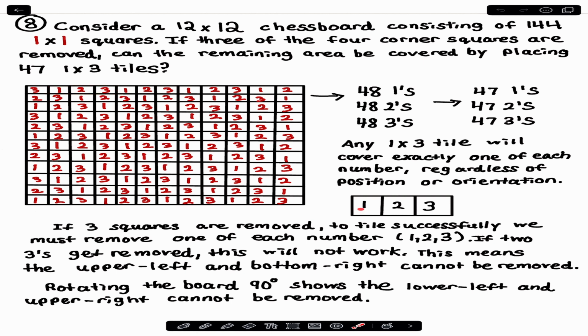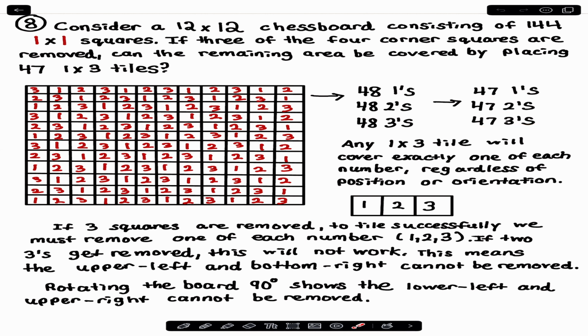You can see each time a 1, a 2, and a 3 gets covered. This means that if we remove 3 squares, we need to remove a 1, a 2, and a 3 to tile successfully. So that's how we go from 48 to 47 of each.